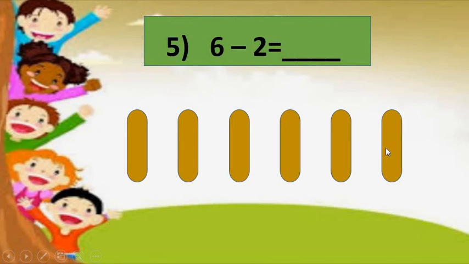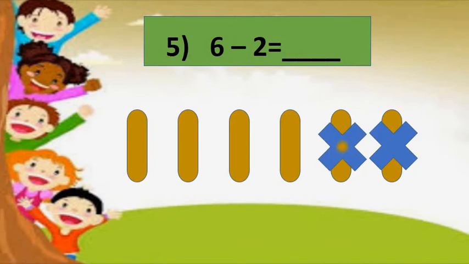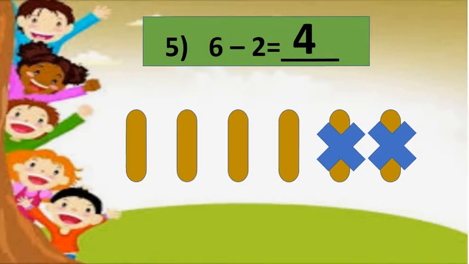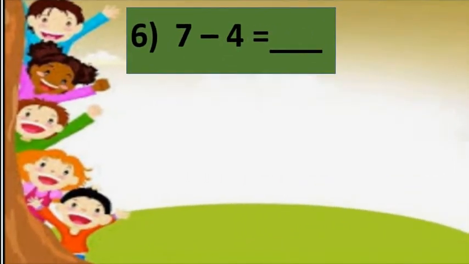Cross out or take away 2. 1, 2. See how many objects are remaining? 1, 2, 3, 4. 6 minus 2 is equal to 4. Now, if you have completed this, leave one line and write FB number 6.